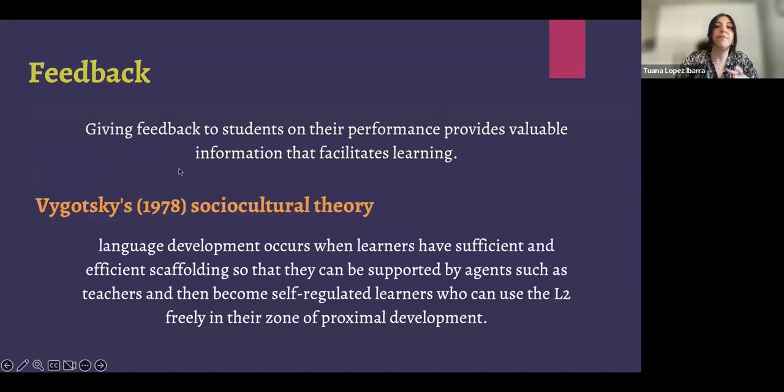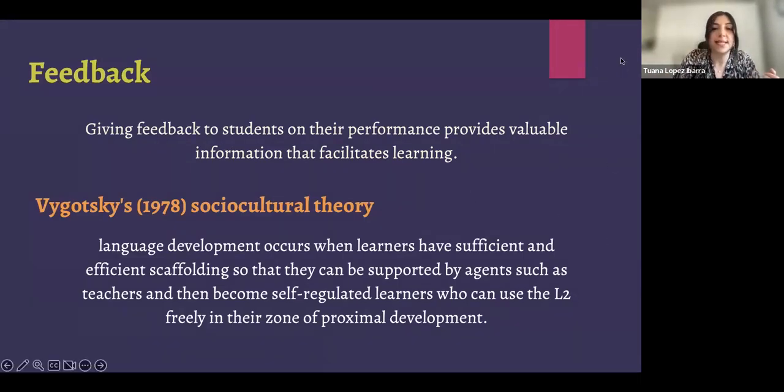When we give feedback to our students, giving feedback on their performance provides valuable information that is believed to facilitate learning. The idea behind this information is that we would facilitate the learning process. And it is based on Vygotsky's sociocultural theory.